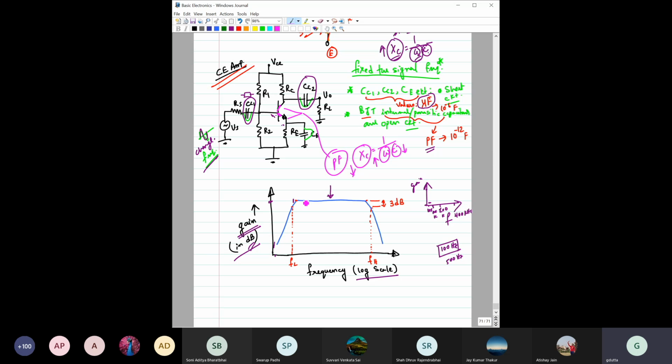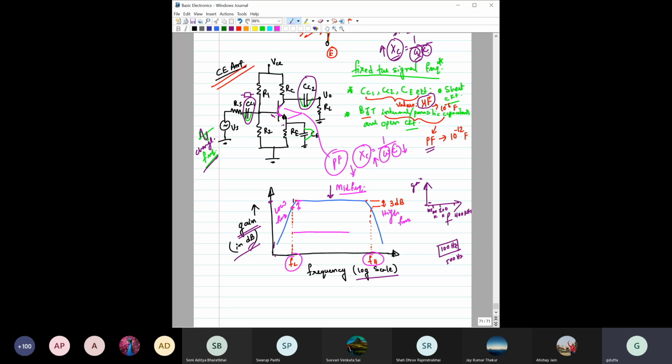So this is the mid frequency range, where the gain is somewhat constant. Here it is the low frequency and here it is the high frequency. If you go to the 3 dB point below, then you will get this FL, the lower cutoff frequency, and here it is the higher cutoff frequency.